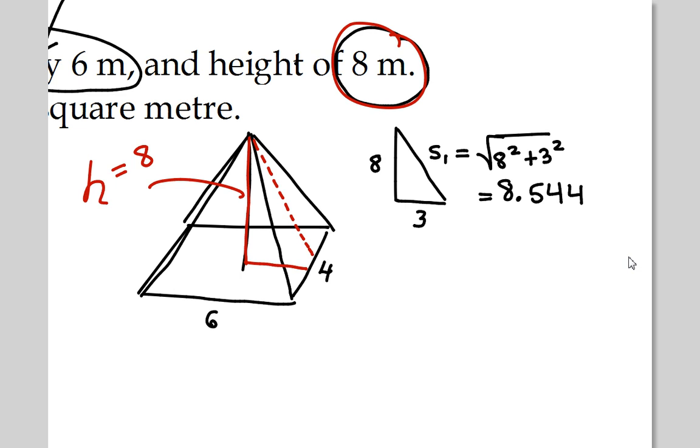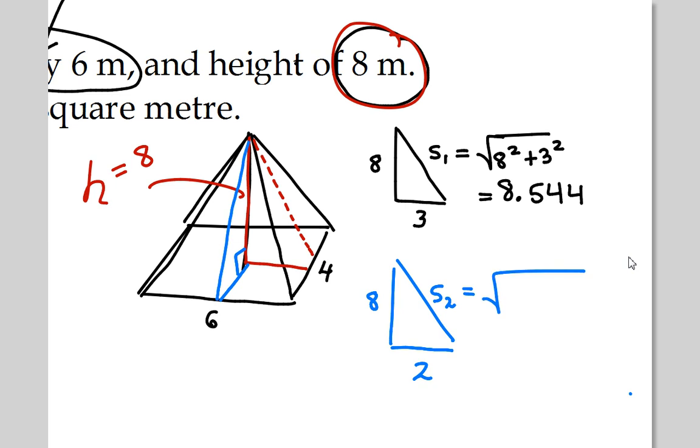Now we have to do it the other way. We need this triangle. If I sketch that triangle, this would be S2, the second slant. It still has the same height of 8, but now instead of being half of 6, it's half of 4, which is 2. Because we're quick on Pythagoras, this is not too bad. 8 squared plus 2 squared.